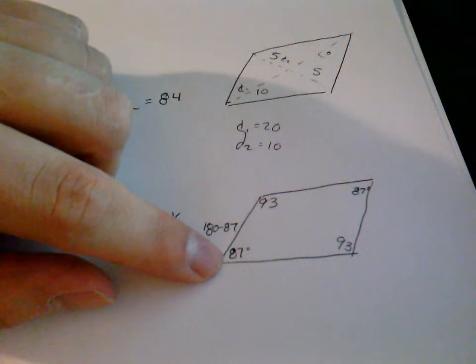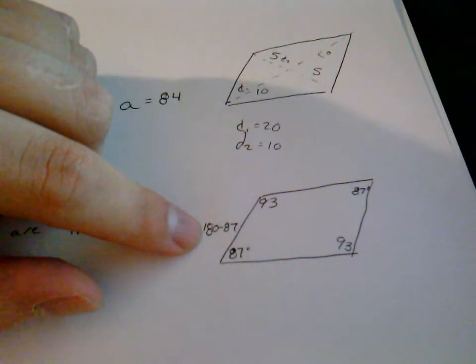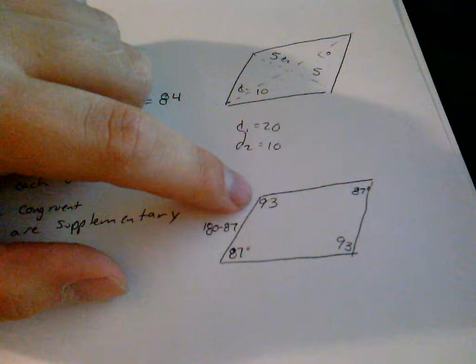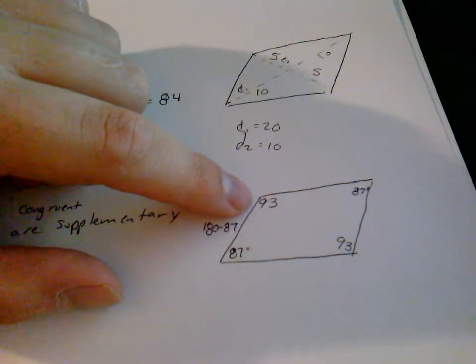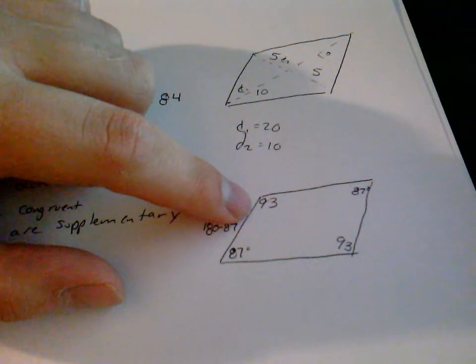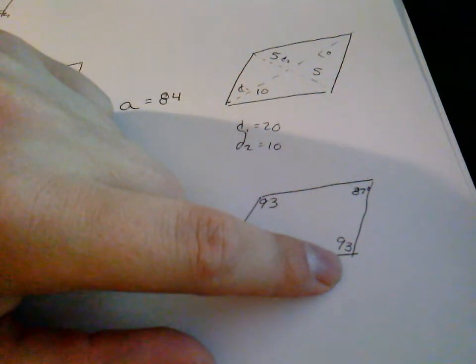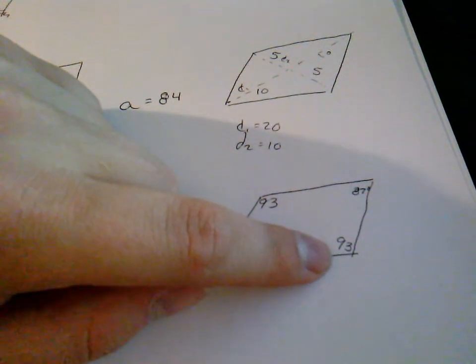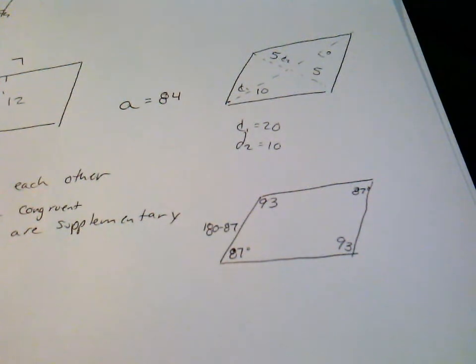So if I know this one's 87, to figure out this one, all I have to do is take 180 degrees and subtract 87. Once doing that, you realize that 180 minus 87 is 93. Knowing that this one's 93, you can figure out this one's 93 pretty easily because opposite angles are the same. Or you could take the fact that this is 87, subtract from 180 to get to this number. Either way works.